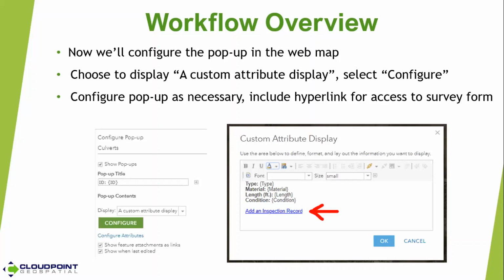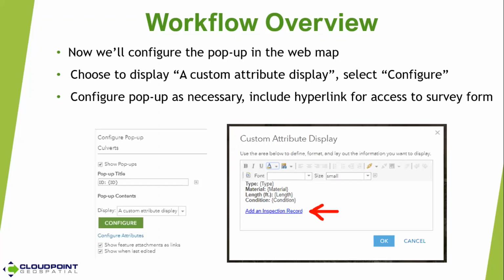You can see on my screenshot on the left, the show pop-ups box is enabled. That will enable pop-ups. Our pop-ups will have a title. Here I've said, show the ID number of the specific culverts, and display the pop-up contents. That's where we're going to select a custom attribute display.